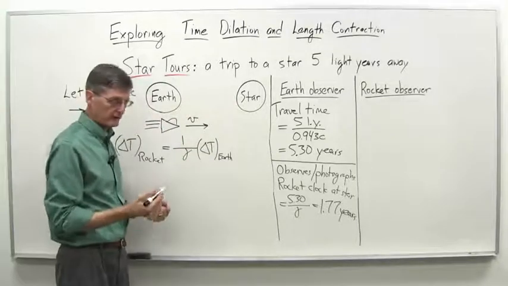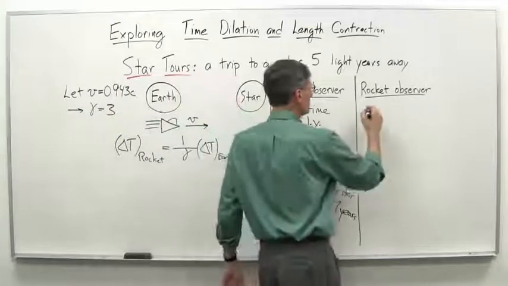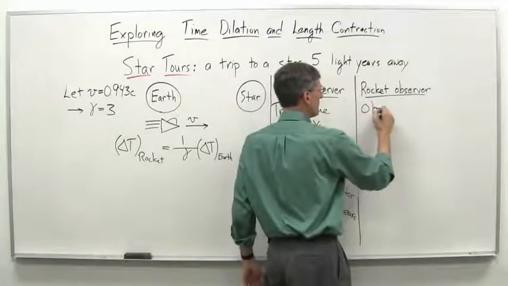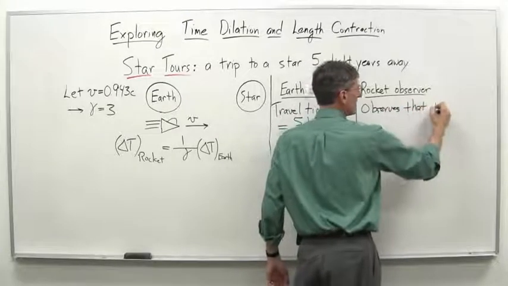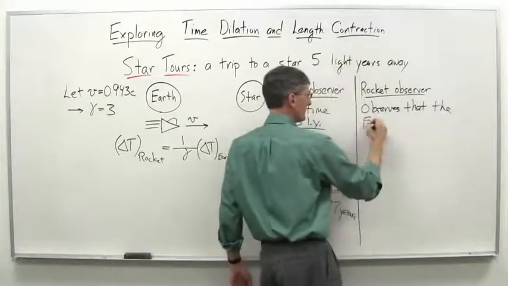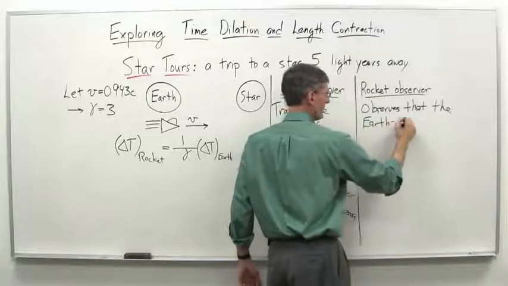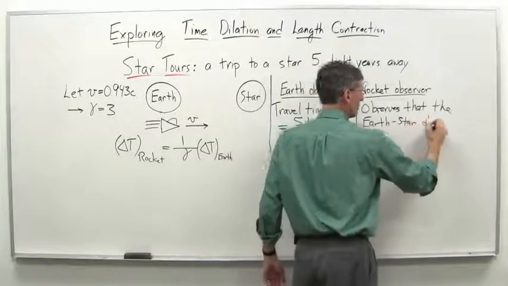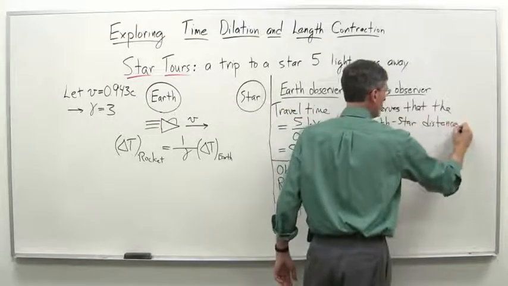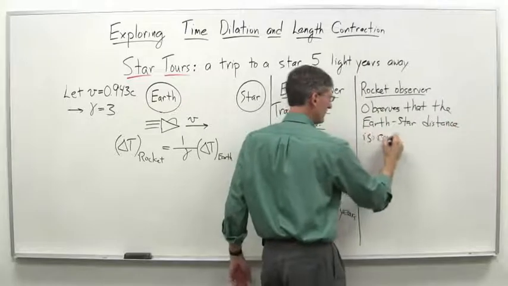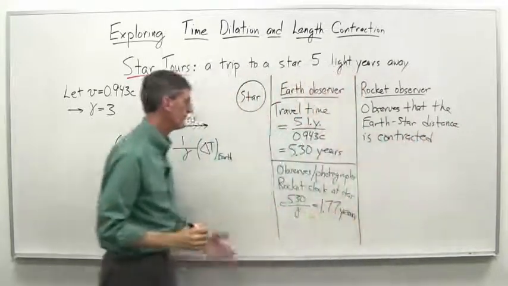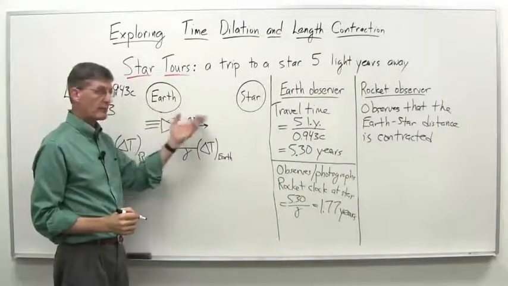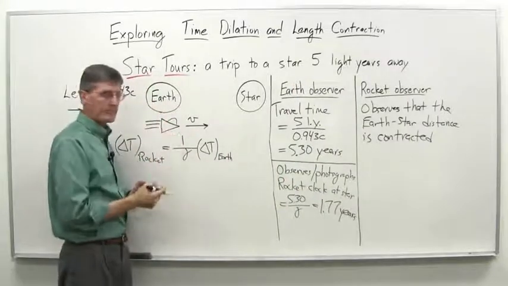And so what is that distance? So the rocket observer observes that the Earth-star distance is contracted. It's less than it is in its proper frame of reference, in its regular frame of reference.